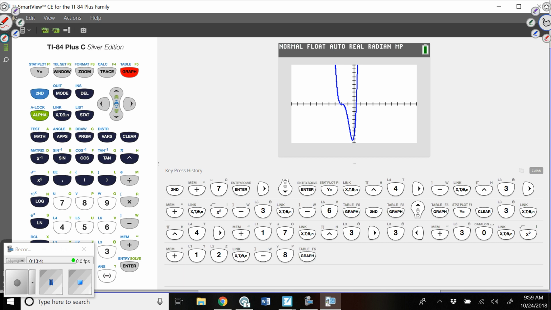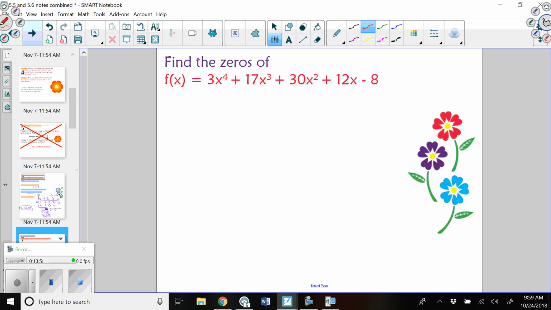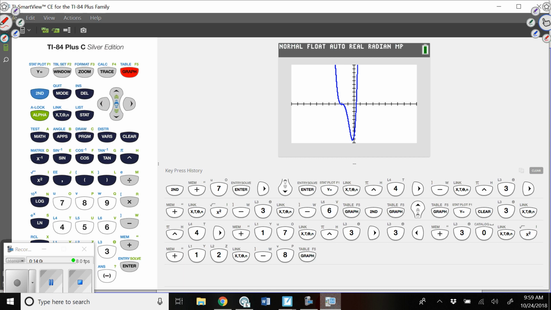All right. Well, let's talk about a few things. So if we look at the problem, there we go. How many answers should I have? I should have 4. How many times did it cross my x-axis? So what's that mean about possibly the other 2? They're probably 2 imaginary. Okay.